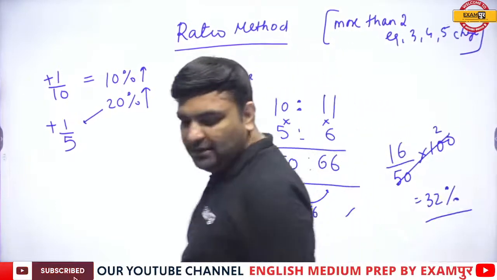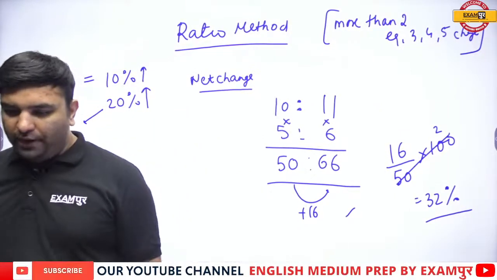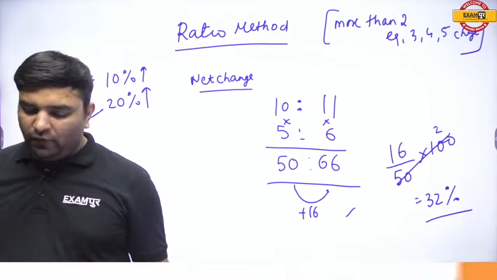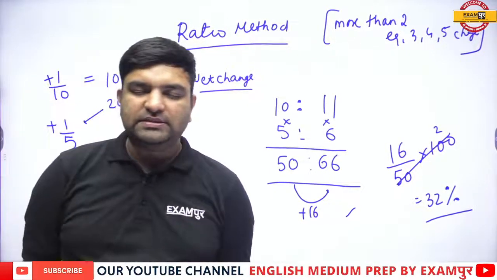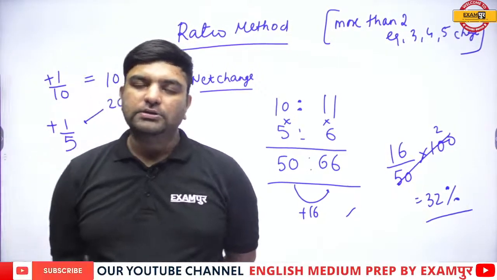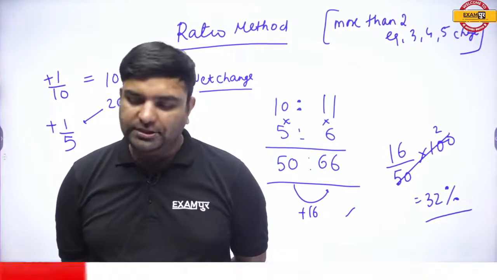However, A plus B plus A into B upon 100 is only applicable for 2 changes at a time.